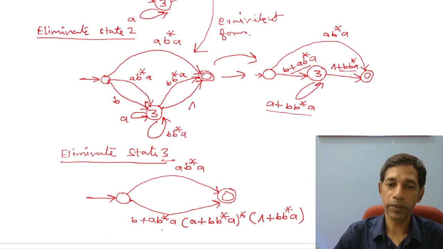So B A B star A, and this should be concatenated with.